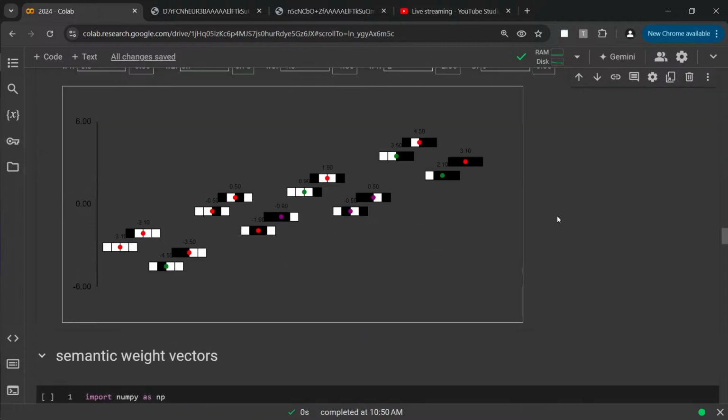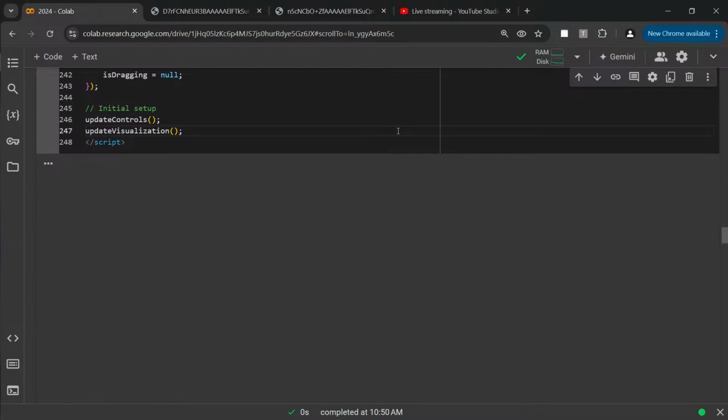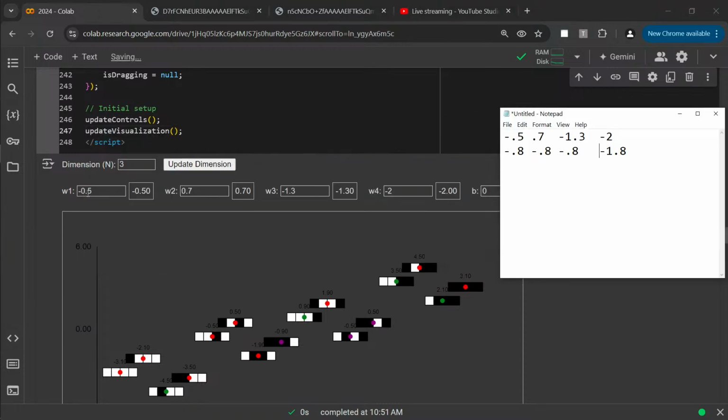And I'm not sure if that requires linear interpretability or not. Yeah, let me see if I can produce that real fast. So we're starting off at this guy.